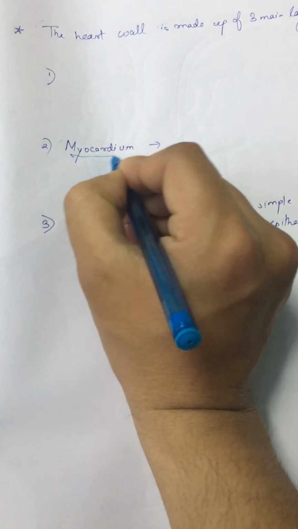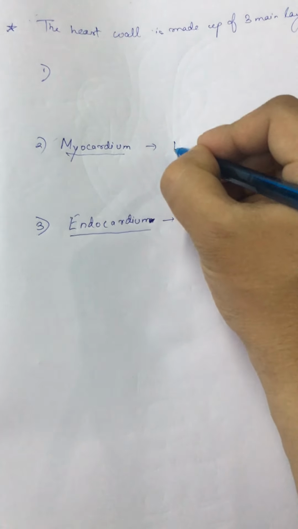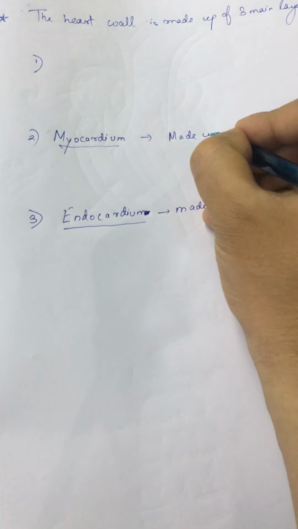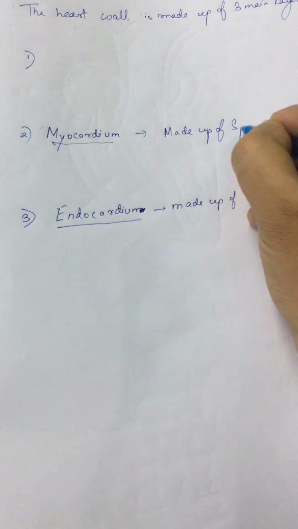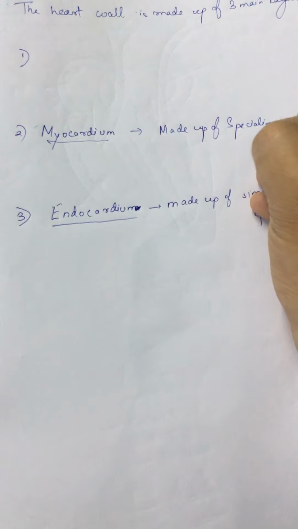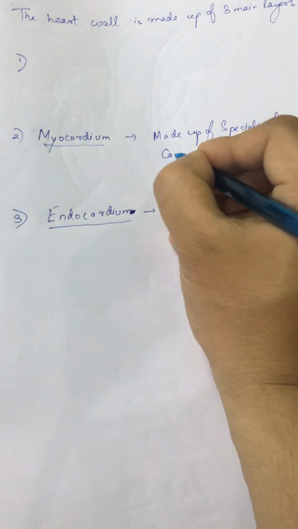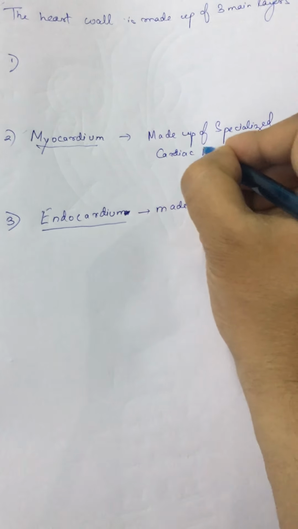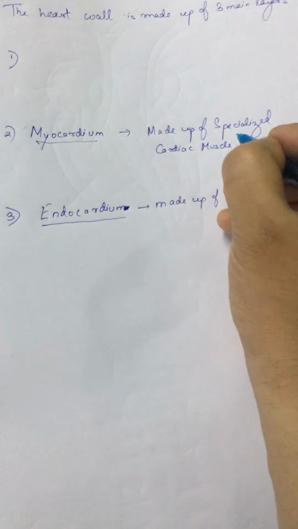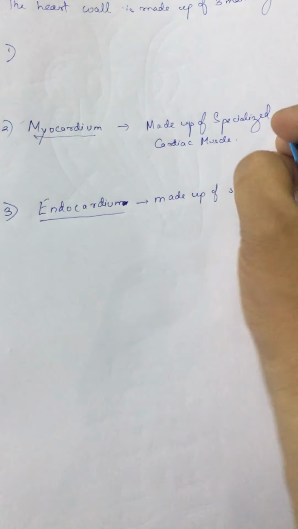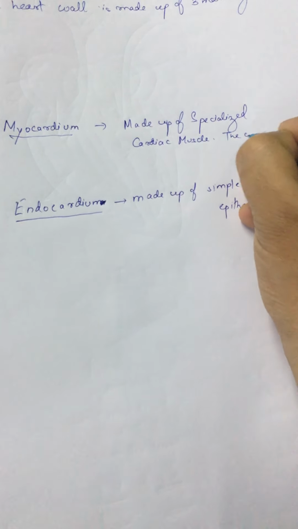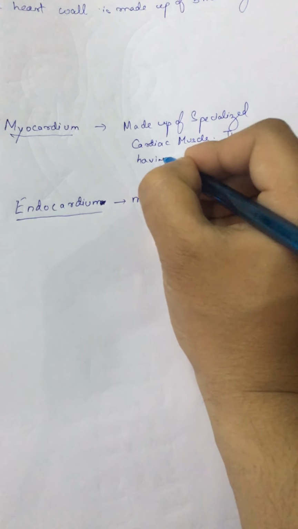So this myocardium layer of the heart wall is made up of specialized cardiac muscle. The cells present in this cardiac muscle have gap junctions.